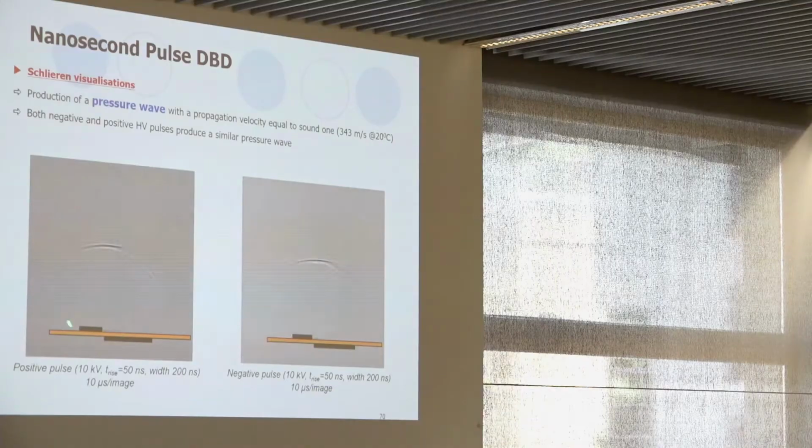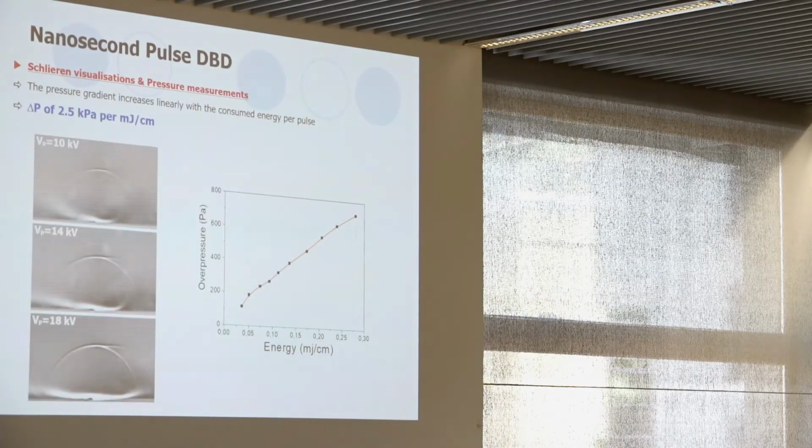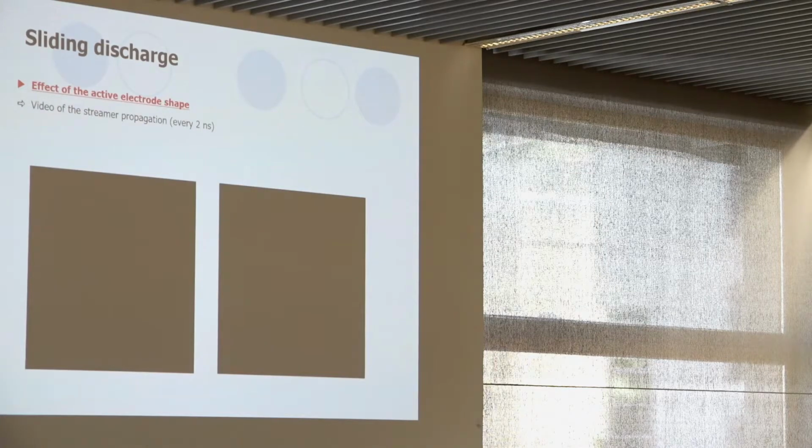You can see it here: we have the air-exposed electrodes and a Schlieren visualization, where we can see the pressure wave at different instants, propagating at the speed of sound. So once more, instead of using the EHD force, we can use the heat and the resulting pressure wave to manipulate an airflow.